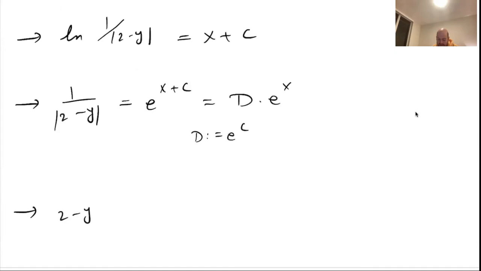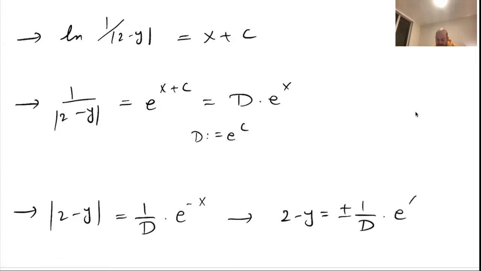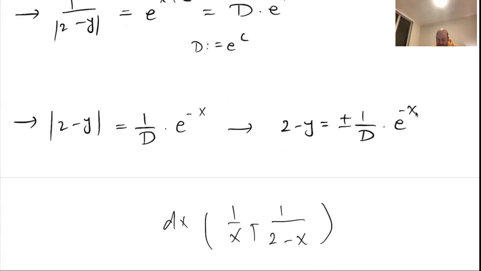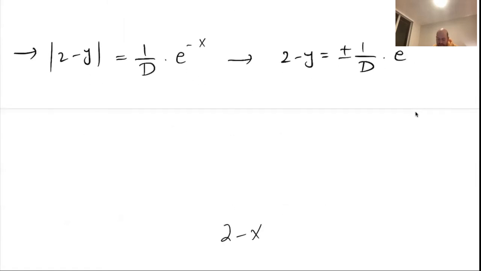That means 2 minus y in absolute value is equal to 1 over d times e to power minus x. And that means 2 minus y is equal to plus minus 1 over d times e to the minus x. Plus minus 1 over d, I can call it f.